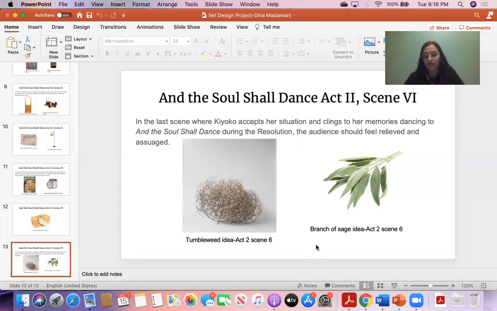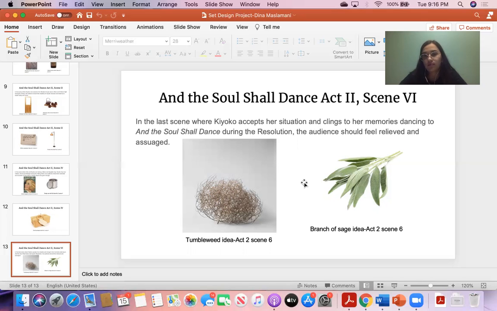And the sage has a significance and a deep meaning. Sage is used to achieve a healing state and to solve spiritual dilemmas. So as we know, Emiko is facing a difficult change because she was attached to her memories and she wanted to go back to Japan.